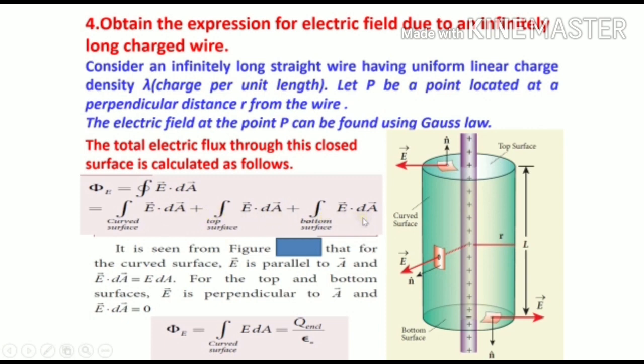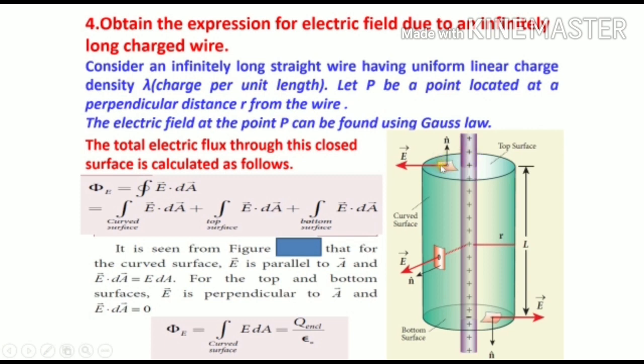It is seen from the figure that for the curved surface, E is parallel to dA. For the top and bottom surfaces, E is perpendicular to the normal, so the angle between the normal and the electric field is 90 degrees.